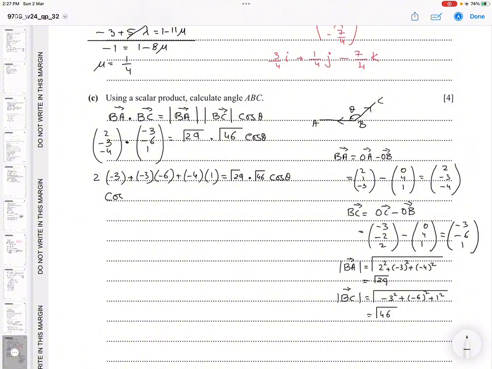Now simplified, cos of theta would be equal to 8 over root 29 times root 46. So theta is equal to cos inverse of 8 over root 29 times root 46. So theta is 77.3 degrees.